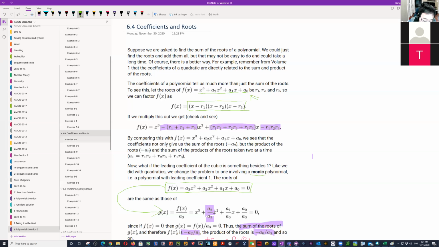So we have been learning about polynomials and going through all the theorems. One of the key theorems you have to take away, if you forget everything else, is the fundamental theorem of algebra.